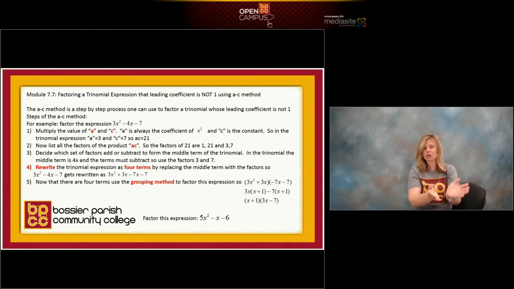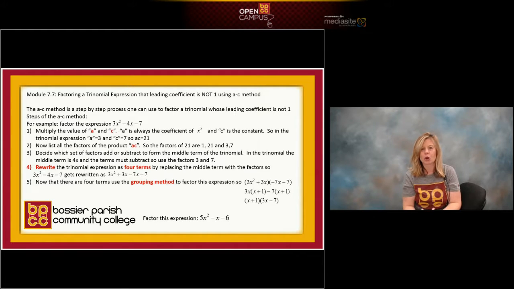So I'll group the first 2 terms, the 3x squared plus 3x, and I'll group the last 2 terms, the negative 7x minus 7. I'll factor out what the terms have in common. So 3x squared plus 3x both have in common a 3x. I'll divide that out, and that will leave me with x plus 1.